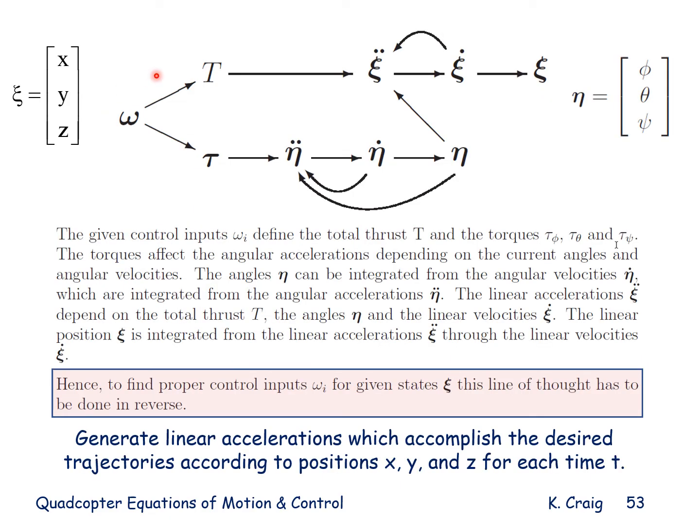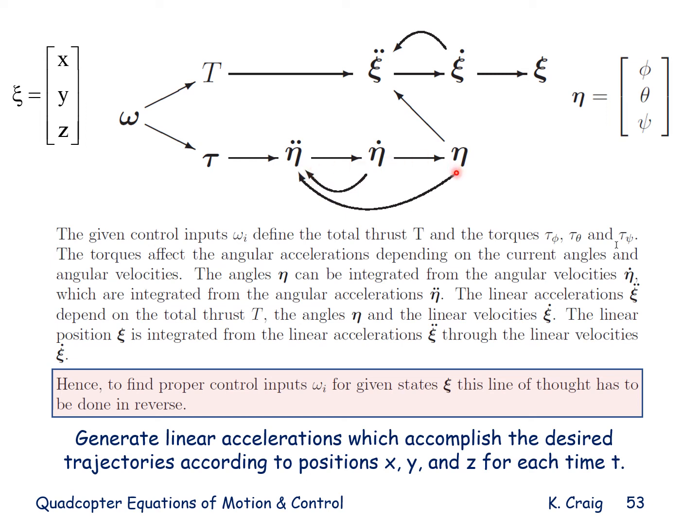Here is the diagram again showing the interdependence among the system variables. The given control inputs, omega i, define the total thrust T and the torques for roll, pitch, and yaw. The torques affect the angular accelerations depending on the current angles and the current angular velocities.